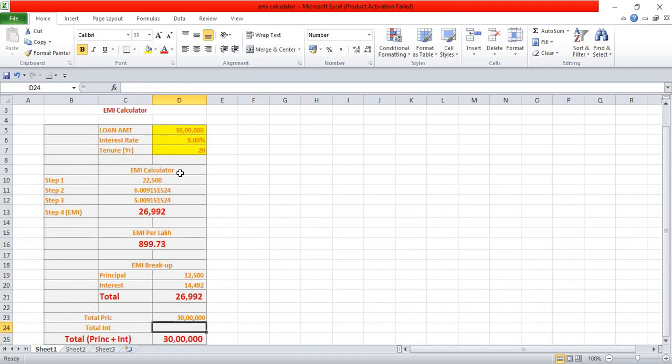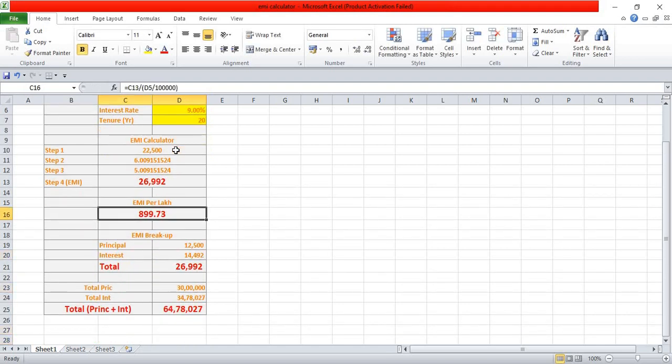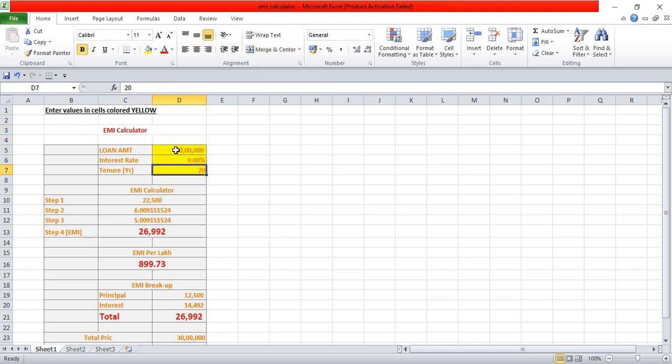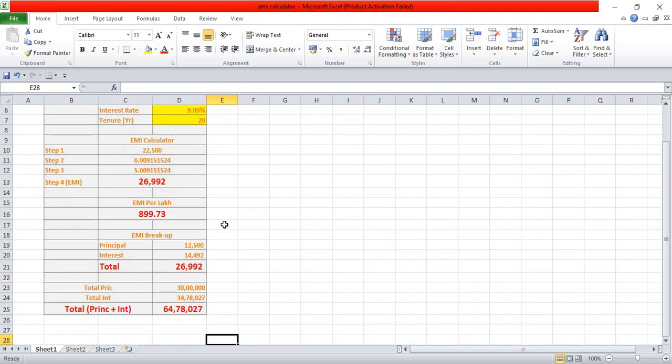And the total interest you pay during the entire tenure of the loan is nothing but this into this, 20 years into 12 months per year. So enter. So at the end of this tenure of 20 years, for a loan amount of 30 lakh and interest rate of 9%, the person pays 64 lakh 78,027 entirely towards the principal and interest.